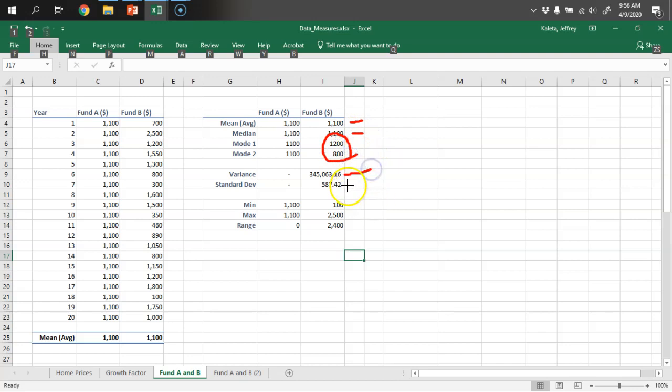In the second data set, we have differences in variance, and that makes sense because you can see that visually by the differences in values from year to year. Here we have a min and max, and then we have a range of 2400. Here there is none. All right. So this is already helping us understand this data set a little better.